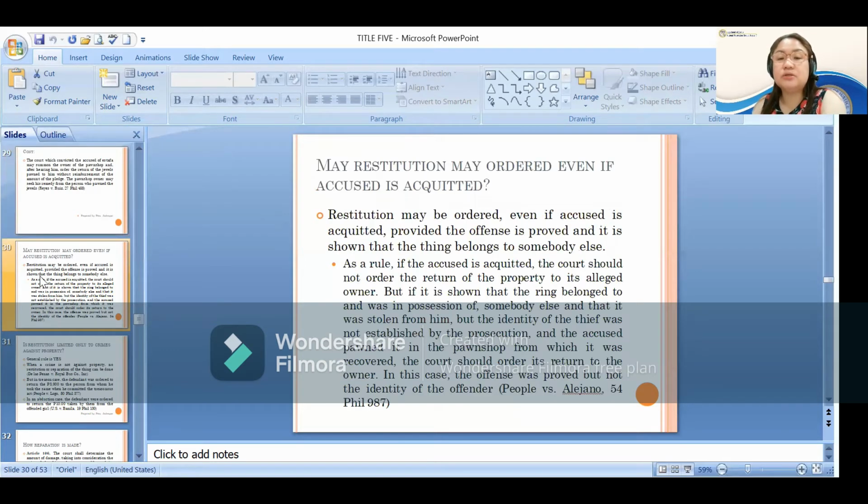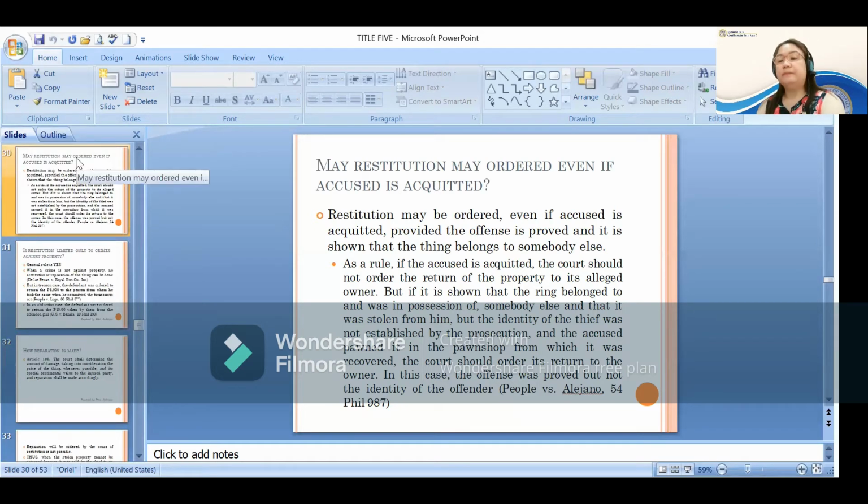May restitution be ordered even if accused is acquitted? In the case of People versus Alejano, the court ruled that restitution may be ordered even if accused is acquitted, provided the offense is proved and it is shown that the thing belongs to somebody else. There is really that proof that it belongs to somebody else.